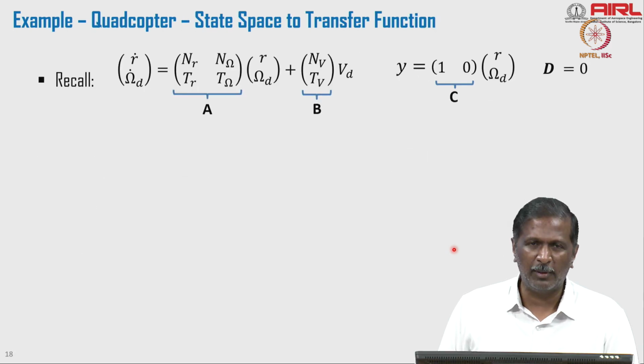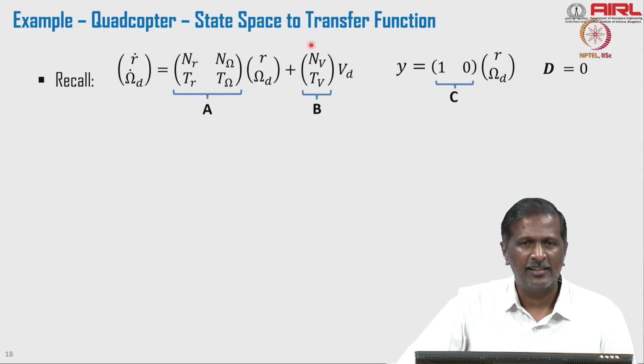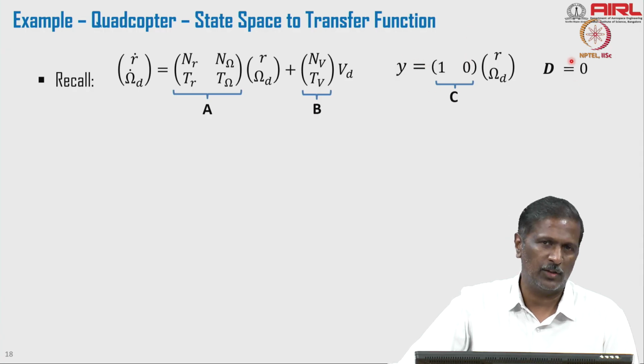If you remember, we talked about yaw dynamics. We represented them in a typical second order system, r dot and omega d. This is my A matrix, this is my B matrix, and this is my C, D is 0.